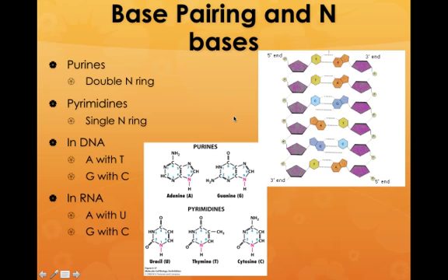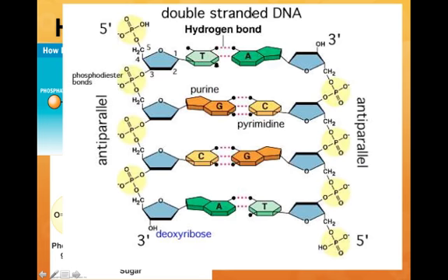Basically, if we're looking at DNA here, we have the sugar-phosphate backbone, where the 5' phosphate is always attached covalently to what was the 3' hydroxyl. 5' phosphate, 3' hydroxyl, 5' phosphate, 3'. This is one strand of DNA. The other strand, because of how the nitrogenous bases attach to one another, is anti-parallel.